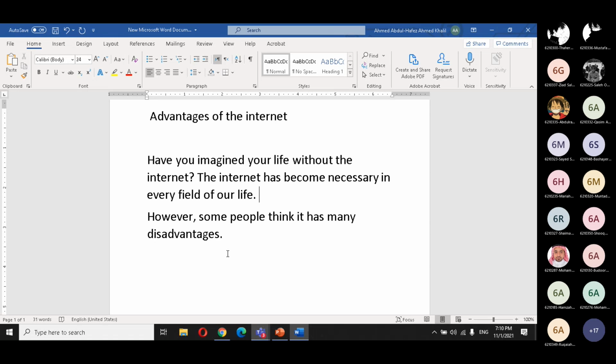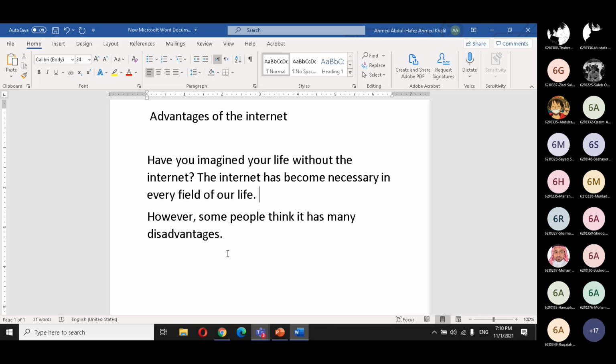فهمتوا شلون يعني ايه اكتب introduction؟ اكتب introduction يعني بين لي جزئين. Topic, what and how. What means what are you going to write about? You are going to write about the internet. How? In what way are you going to write about the internet?